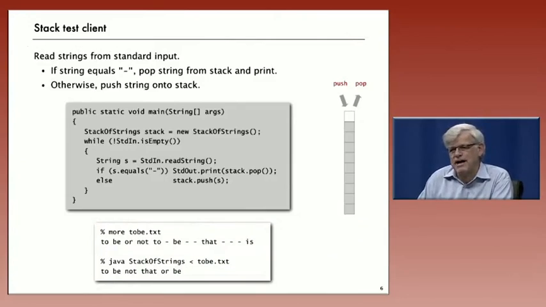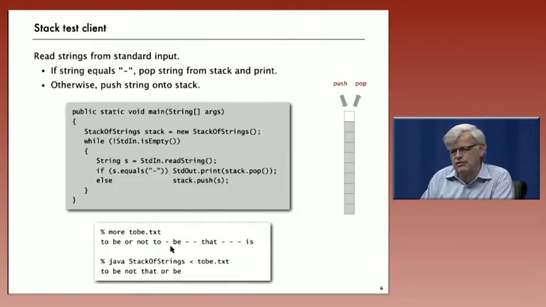Otherwise, if it's a string that's not equal to the hyphen character, it'll just push it onto the stack. So in the example down below here, if we have this file called tob.txt, then what the client will do is push to, be, or not to all on the stack.